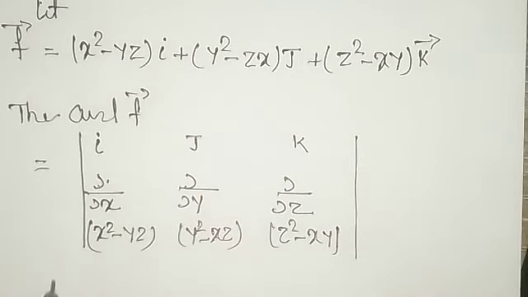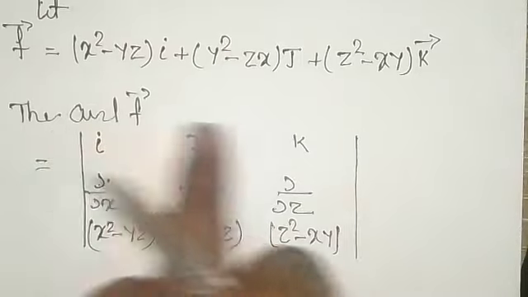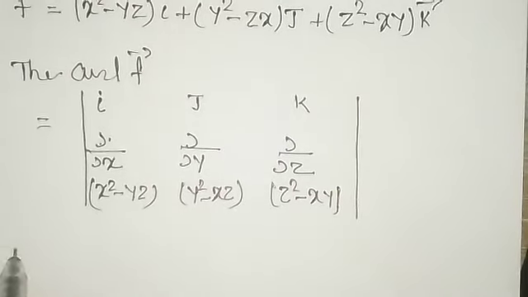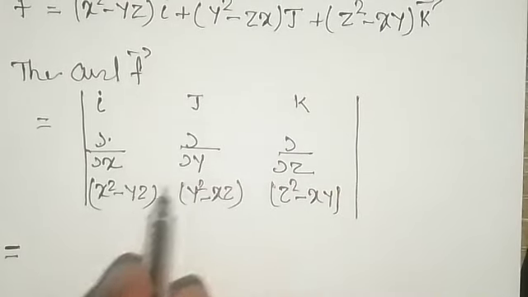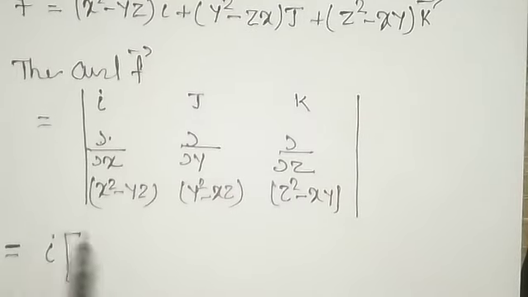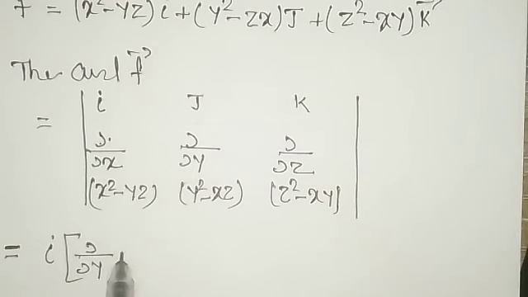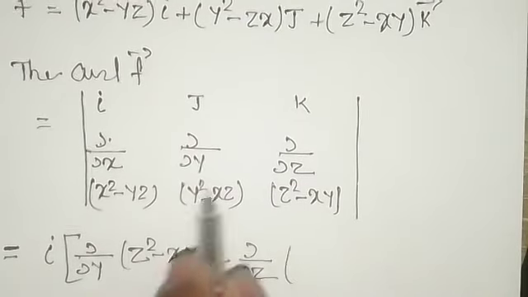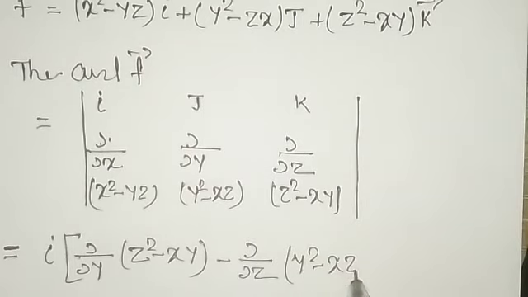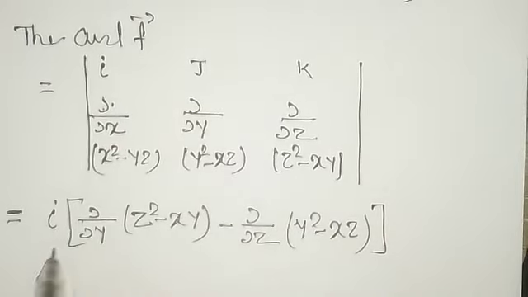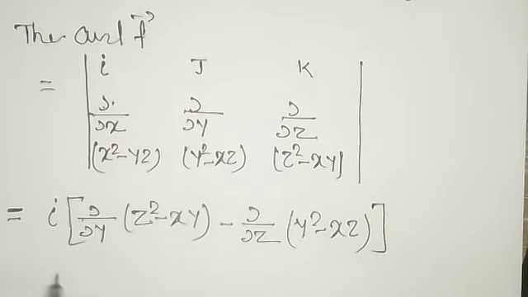Then you can find the determinant. For i, you take this row and this column to be hidden. So it is i into ∂/∂y of (z² − xy) minus ∂/∂z of (y² − xz). Then similarly, we take alternate plus and minus signs.